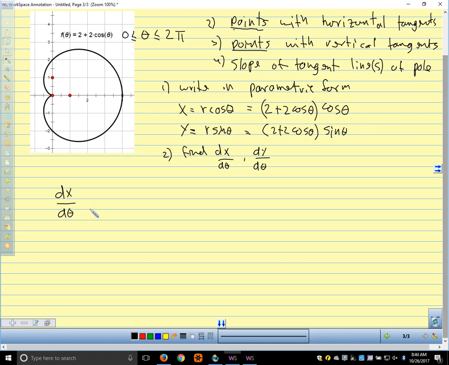When I take this derivative, I get -2 sine theta from that first term, and from the second term, I get a plus, this is cosine squared, plus 4 cosine theta times minus sine theta. I'm going to change the order here: -4 sine theta cosine theta minus 2 sine theta.